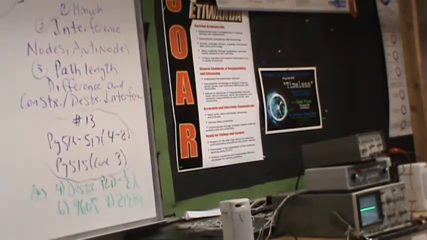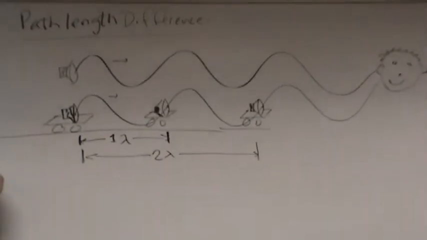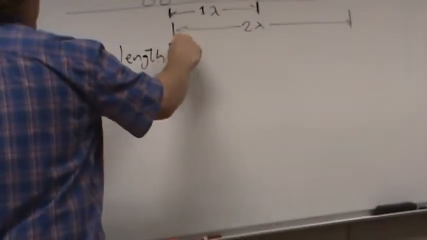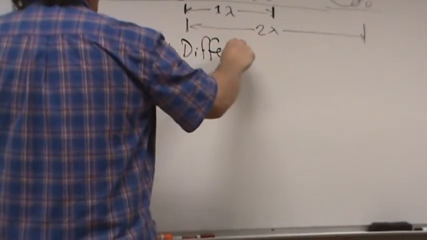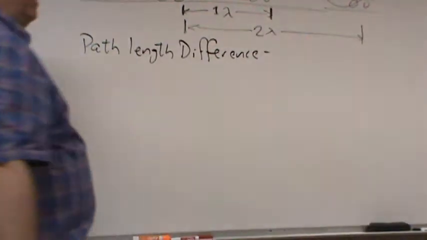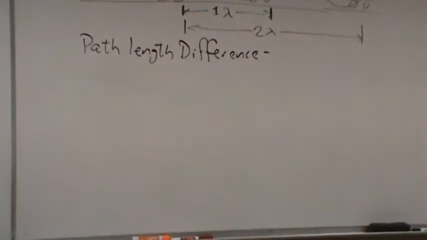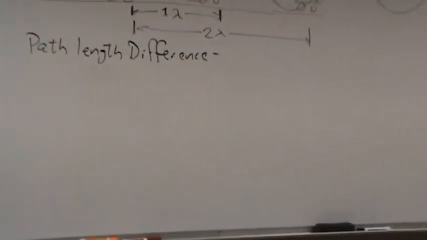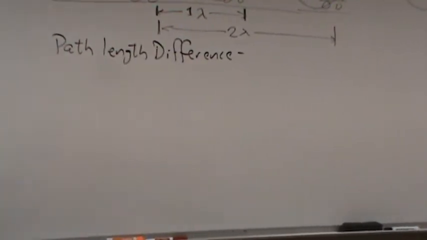Okay, so let's go ahead and I'd like to define path length difference. Path length difference is the difference between the distances that 2 waves must travel to get to a certain point.